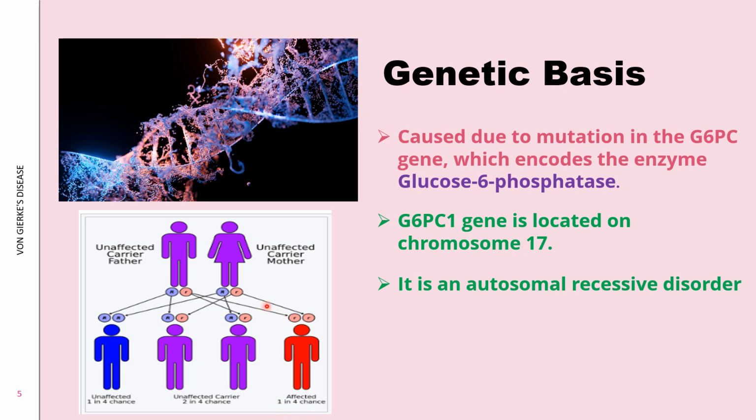Because only when both the genes are affected will the child have the disease. 50% of the children will be unaffected carriers and another 25% will be unaffected children. So this is how the inheritance of von Gierke's disease occurs.